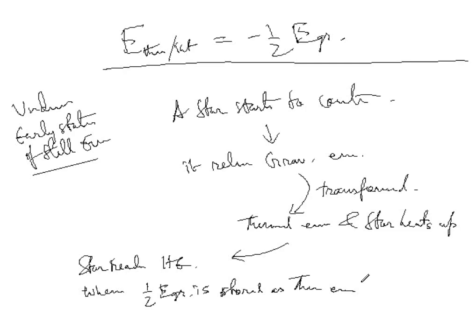Okay, you see, with increasing gravitational energy release during contraction, that means with decreasing radius, this thermal energy has to increase in order to balance the increasing gravitational forces. And so the star continues to heat up while the radiative energy loss at the surface tries to cool it off.